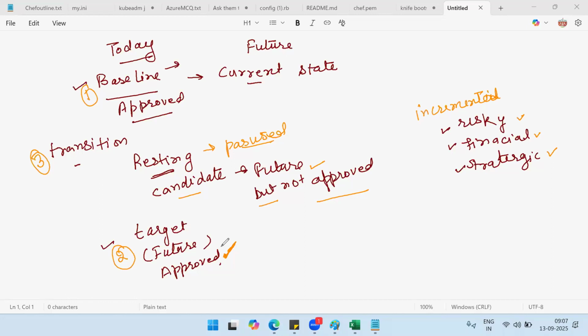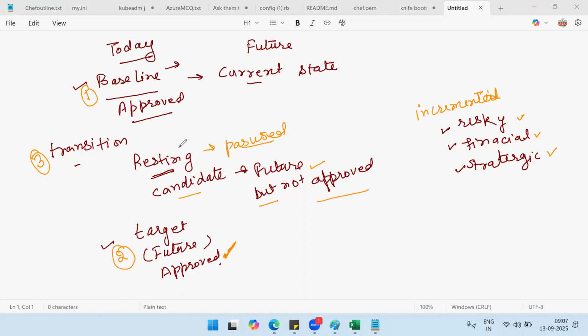Sorry, Raman. Just another question on transition architecture. My first question is: do we really need it for every project, or is it only required when the project is delivered using a phased approach?